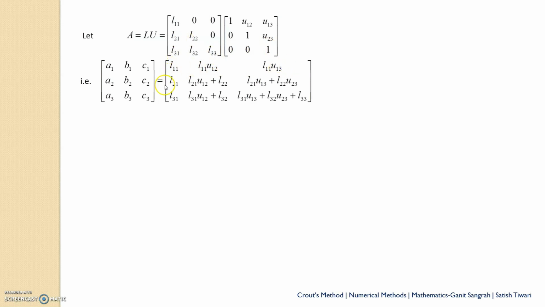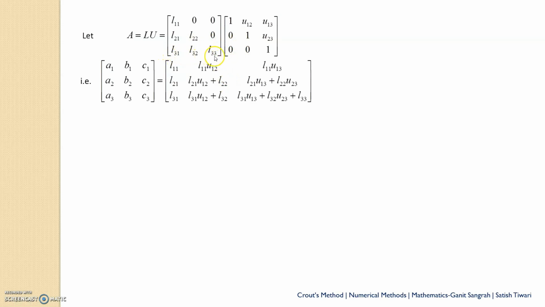Now for the second row elements we just take the second row and multiply with the corresponding elements of the first column. So L21 into 1 plus L22 into 0 plus 0 into 0. You will get this L21, the first element. Now consider the second row multiplied with the second column, and then L21 into U12 plus L22 into 1 plus 0 into 0. The second element we have got here.